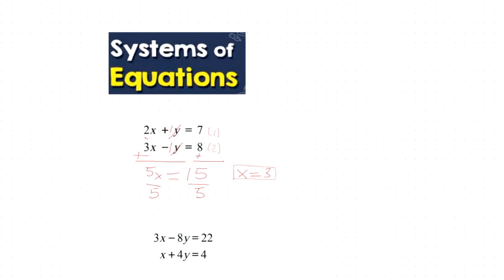In the first equation, instead of x, we will put 3, so 2 times 3 plus y equals 7. 2 times 3 is 6, plus y is equal to 7. So take away 6 from each side. y will be equal to 1. So the value of y is 1. So our solution set is 3 and 1, we can say like this.